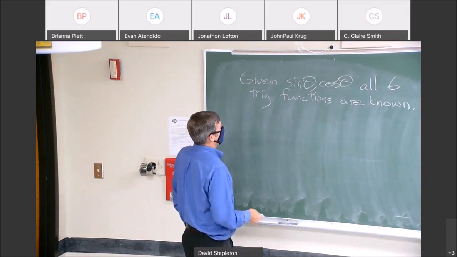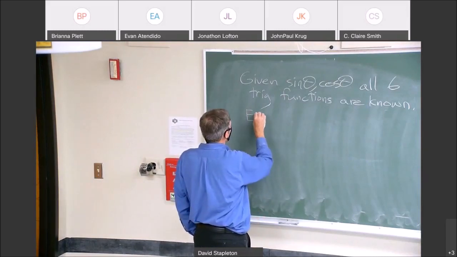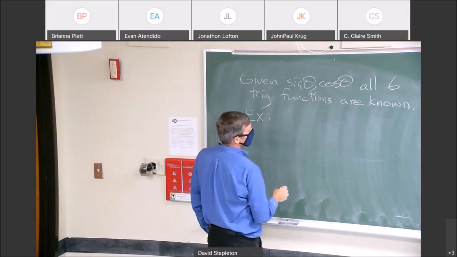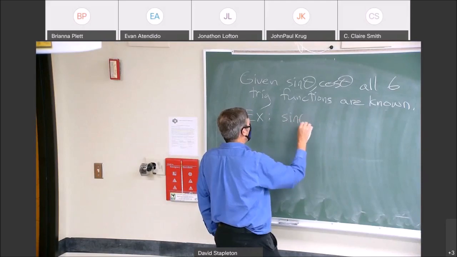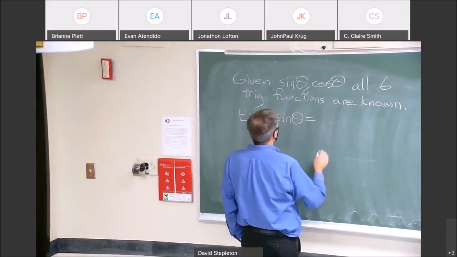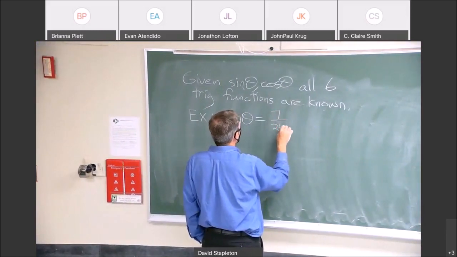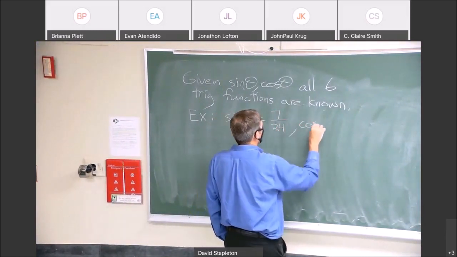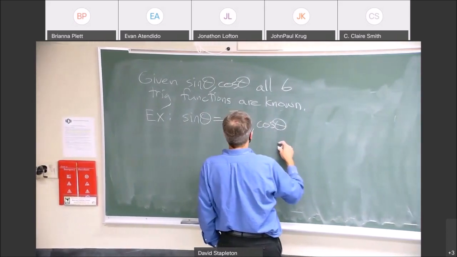So given sine and cosine, all six trig functions are known, so suppose I have this example. Suppose sine theta is 7/24, and theta is in quadrant 2, find all six trig functions.